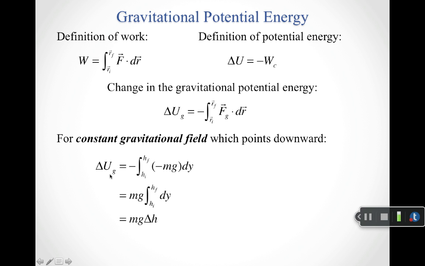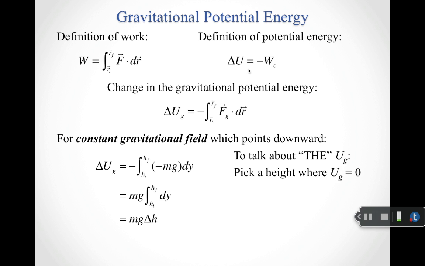If you want to talk about the gravitational potential energy, really it's defined in terms of its change. So whenever we're talking about the gravitational potential energy of a system, we have to mean it relative to some zero point.